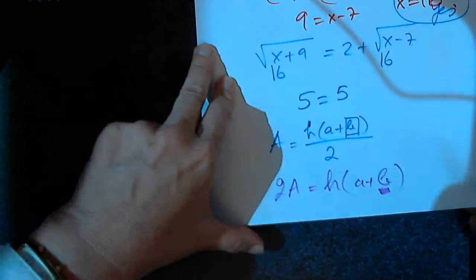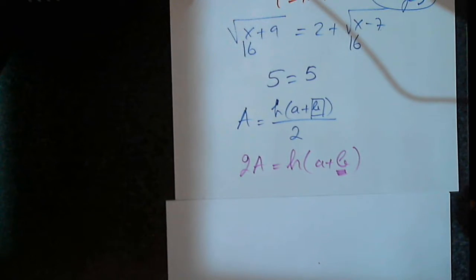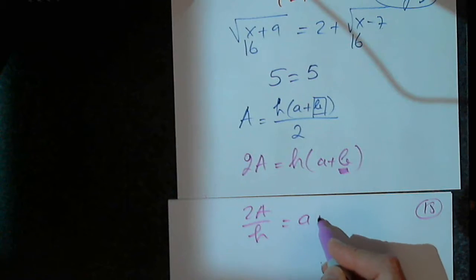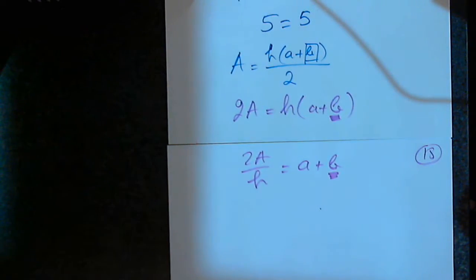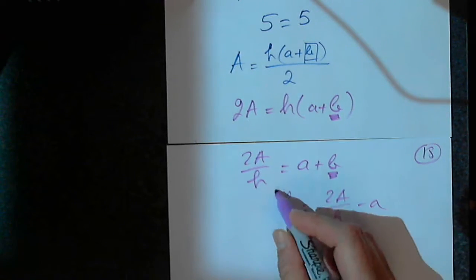You have to distribute your h. You don't have to, but it's not a mistake. I would get rid of it. I agree. So 2A over h equals a plus b. And now what do I do? You subtract that. Very good. So b equals 2A over h minus a.